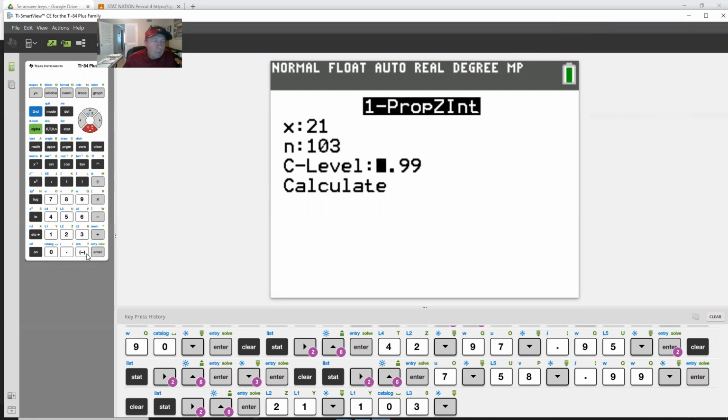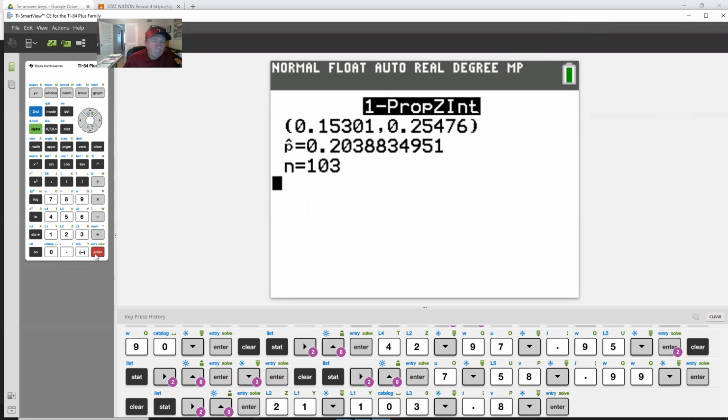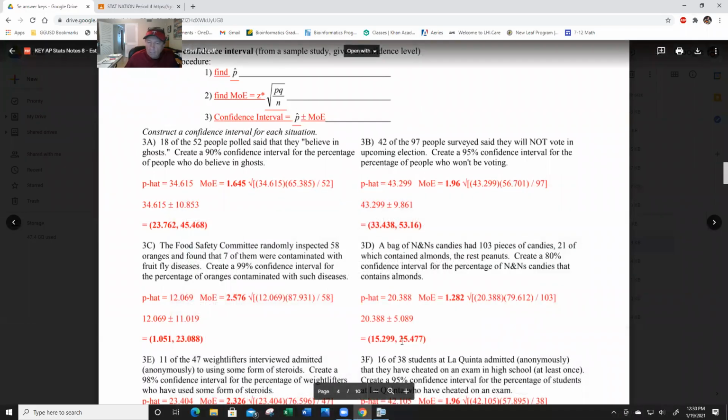And it's 80% confident, 0.8. There you go, between 15 and 25%. So it's a 5% margin of error. 20% was in the middle, 5% each way, 5% margin of error. Okay, about 15 to 25%, somewhere in there, okay? Which is what I got right here.